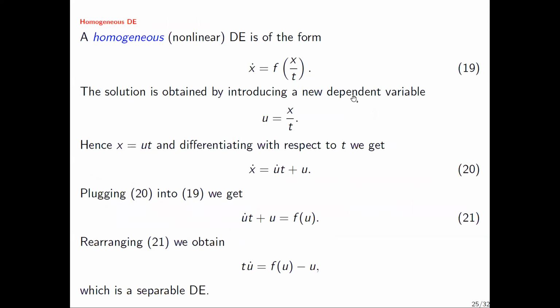Then at the end, we studied homogeneous differential equations. This is also one type of equation which can be analytically solved.